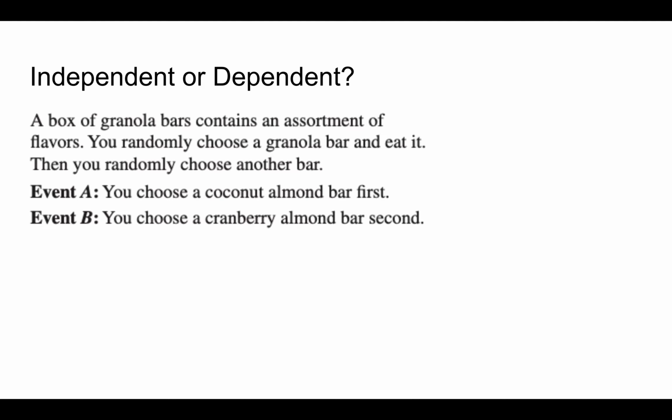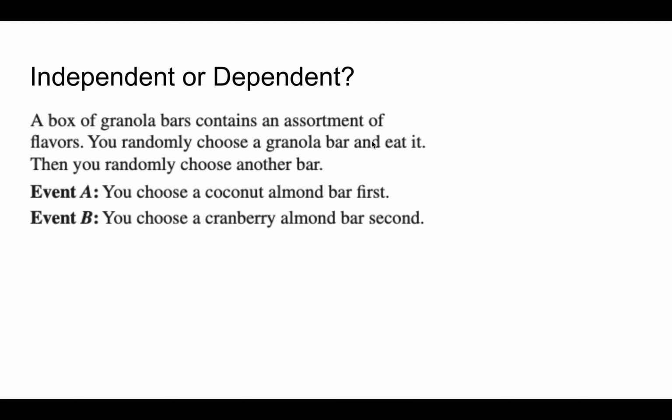Now, you should think back to the tip I gave, which is that if there is replacement, then it would usually be independent, and if there is not replacement, it would usually be dependent, because what you choose on the first one determines what's available on the second one. Here it says you choose a granola bar and eat it.